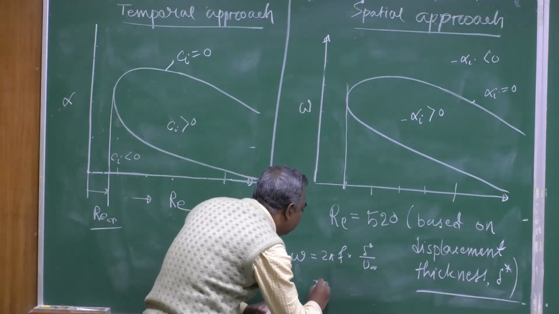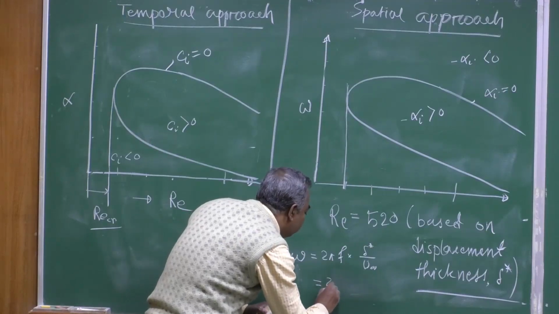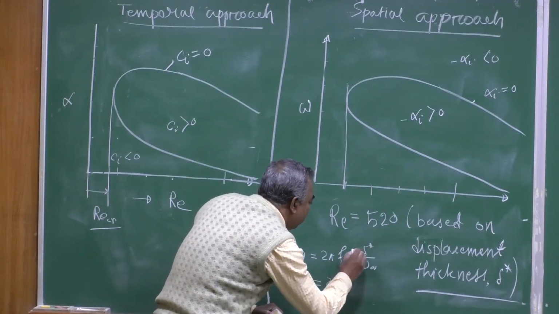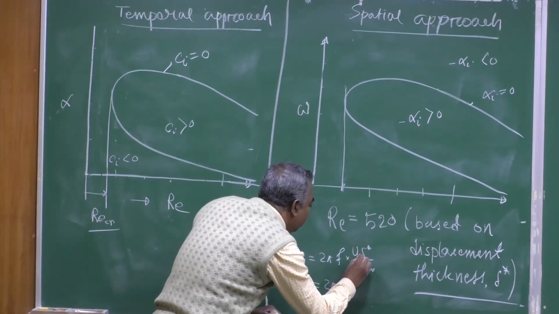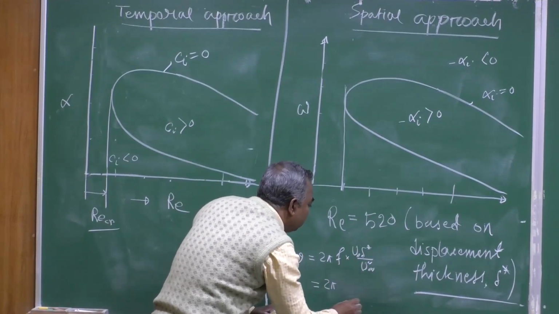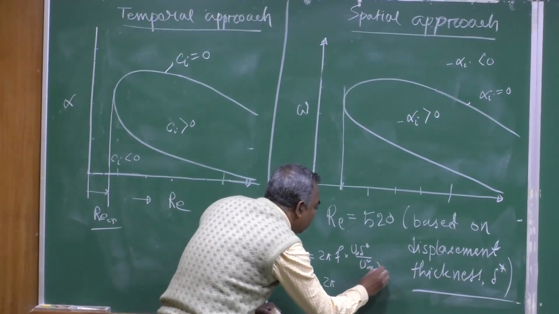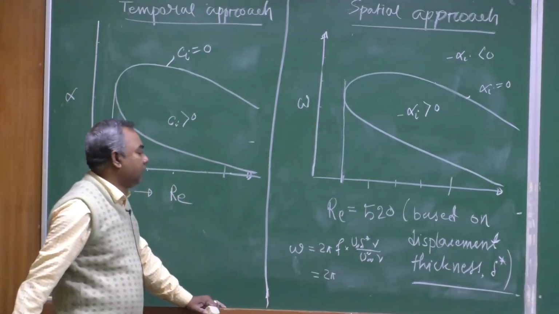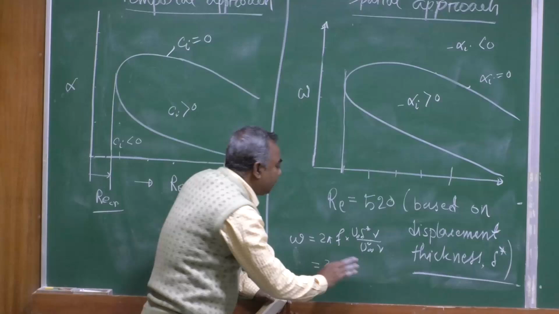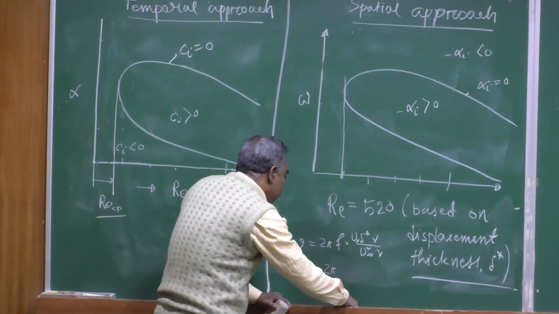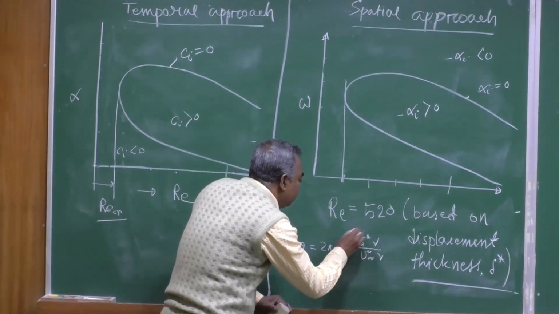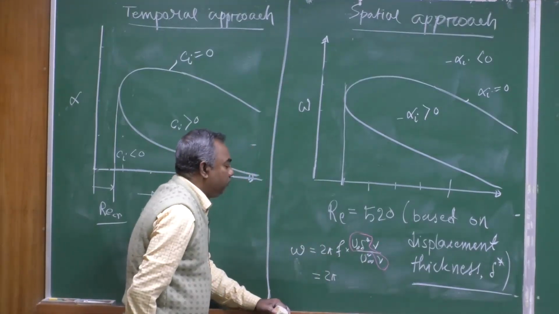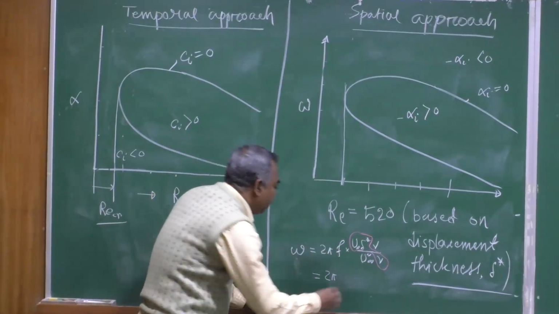So, you see how I can manipulate this stuff, 2 pi, let me take U infinity once again square here. Take a nu here, another nu you can multiply above. This is just a manipulation. Now, I can consider this quantity as Reynolds number, keeping all others the same.